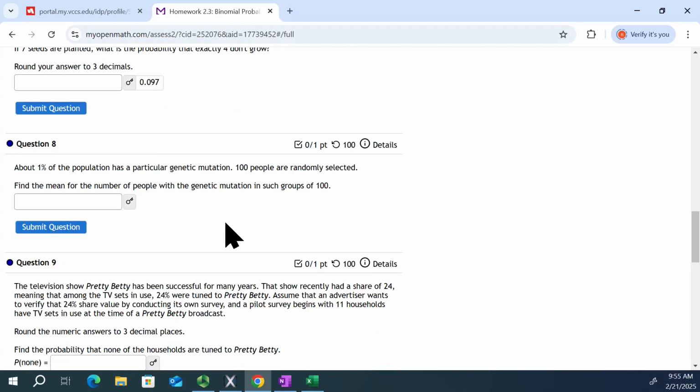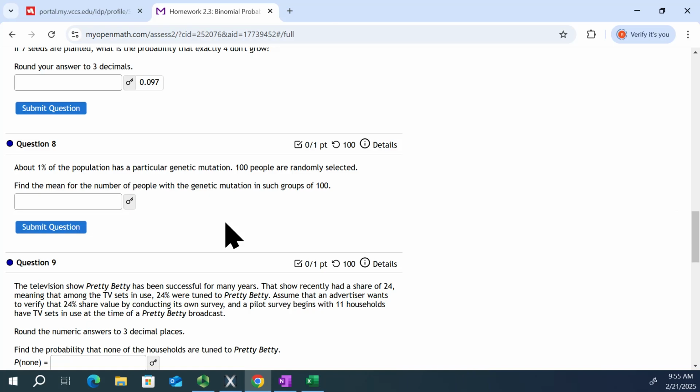This one is something that really doesn't come up very often. What's the mean of a binomial distribution? We've got a number of trials and we have a number of successes. The mean is the number of trials times the probability of success.